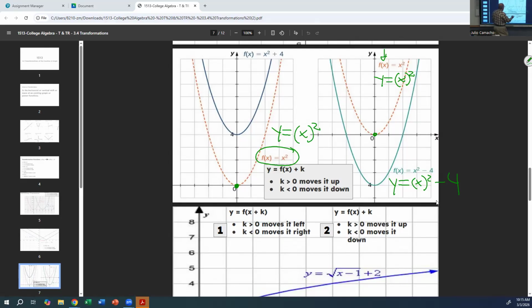Because in this case, is this number positive or negative? Negative 4. How many spaces down did the vertex go? You can see that is the origin. 1, 2, 3, 4. Exactly. It went to negative 4, when y is negative 4.